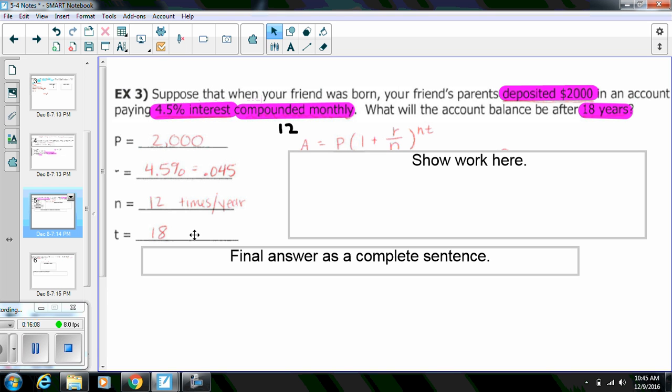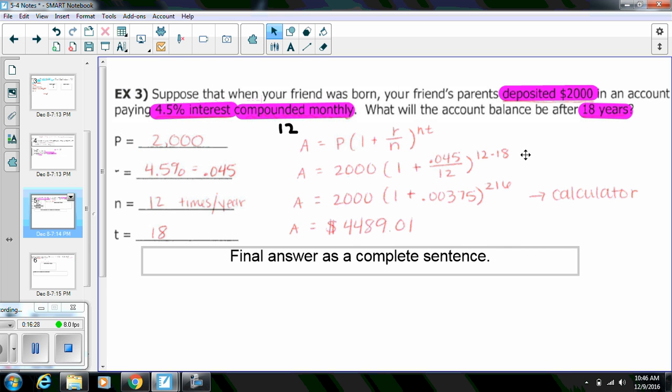Okay, so I rewrote the formula that was presented to us. We're going to plug directly into this formula. So 2000 is going to go in for P, 0.045 is going in for R, 12 will go in for N, both of them, and 18 will go in for T. So let's show some work. Here's my plugging in. This is my first step.